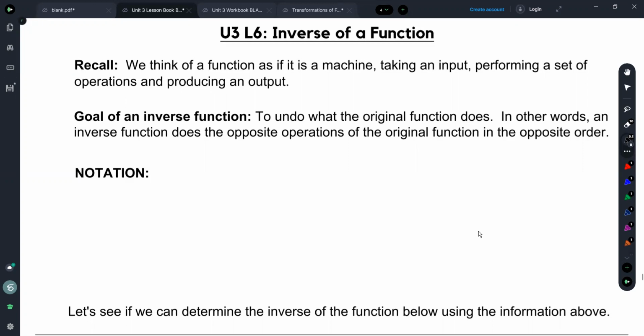Here's the notation that we use for an inverse function. It almost looks like an exponent, but it's not. We use f inverse of x. So that's how we read it.